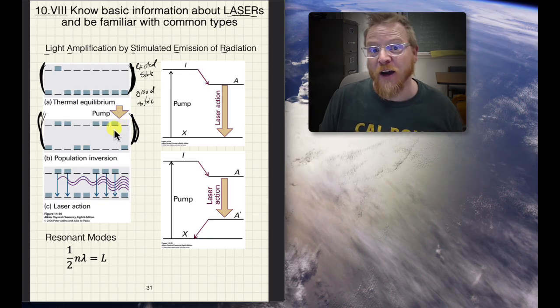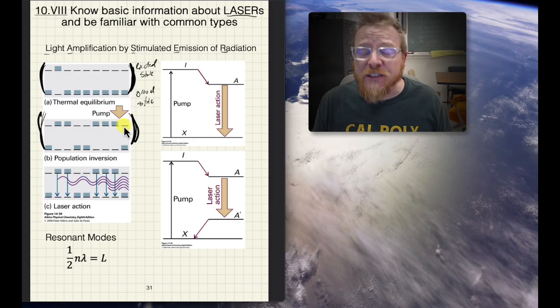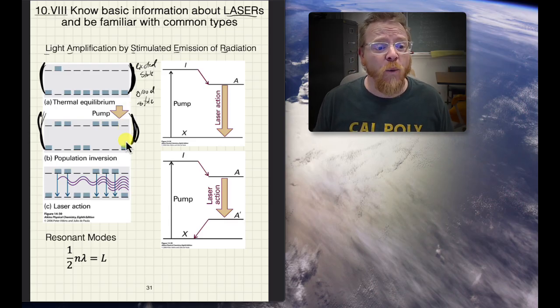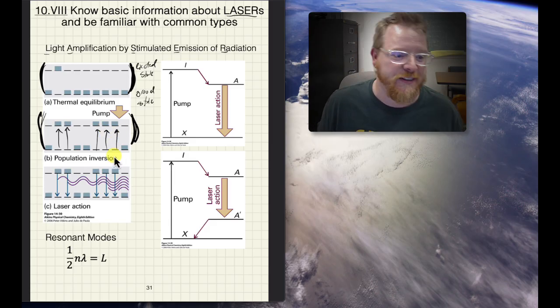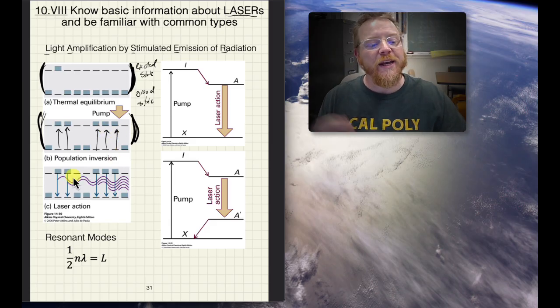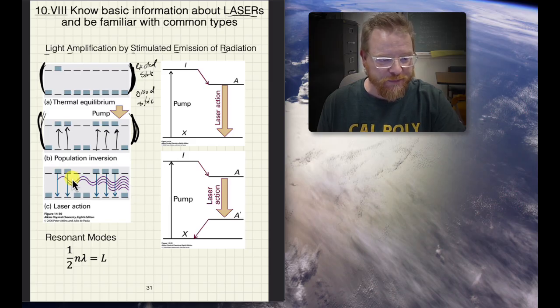This could be another source of light, or it could be an electric discharge. Either way, we pump them up and get this population inversion. So you can see a lot of our lasing molecules have gone up into this excited state. We continue making this excited state by continuously pumping them up to maintain this population inversion.